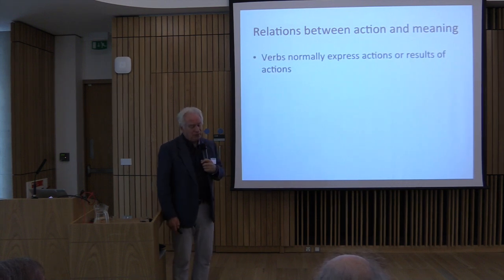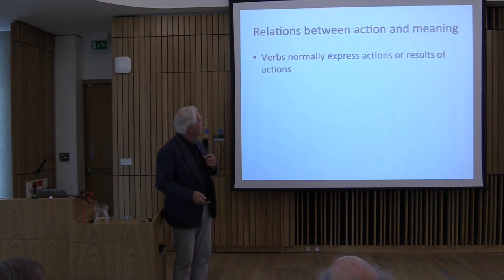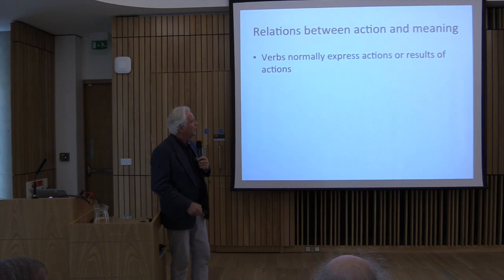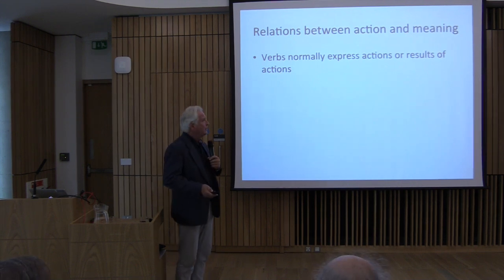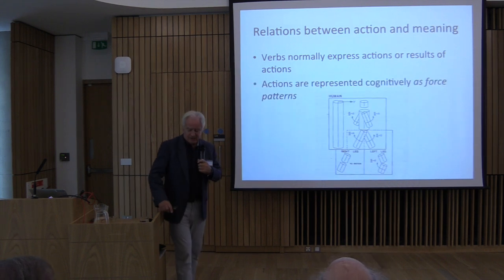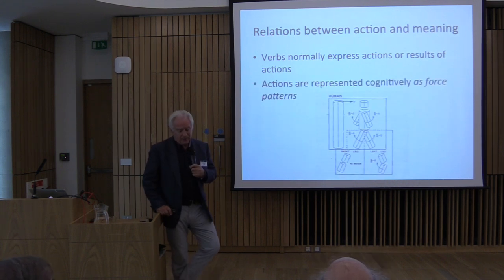I will get back to verbs, but for me, they are either actions or results of actions. So in order to get the semantics of verbs, we need to understand what actions are. And there are some attempts to represent actions.